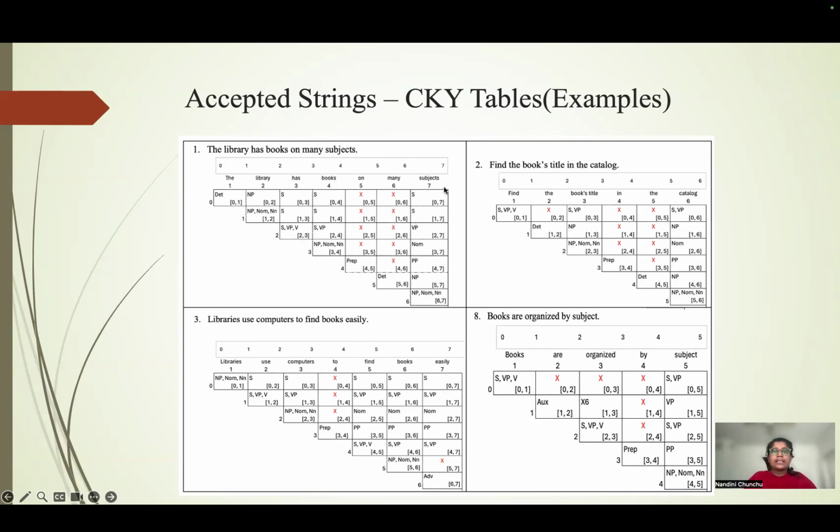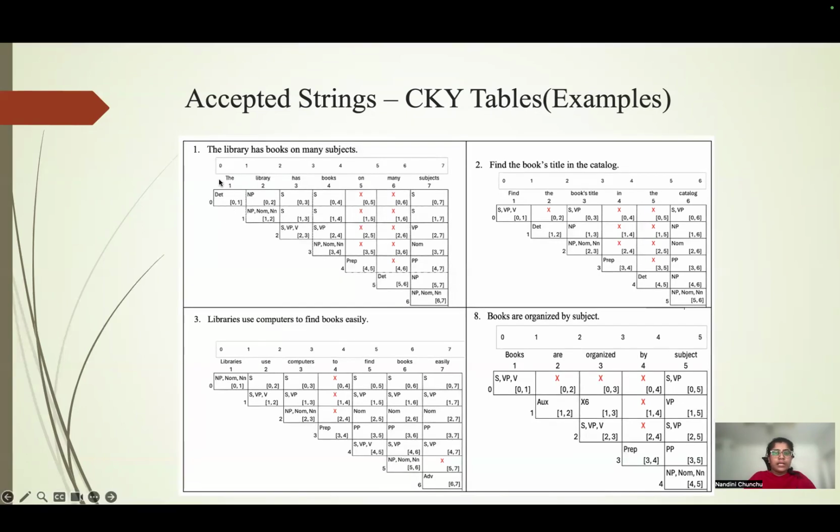We can say a sentence is valid by the provided grammar if you see the S non-terminal in the top right corner of the CKY parsing table; then the sentence is accepted by the provided grammar. Now, how to build this table?